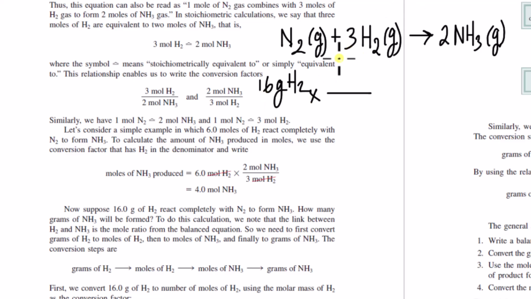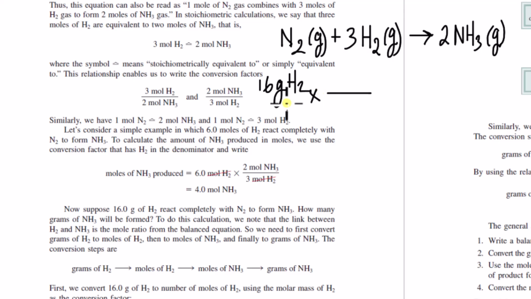Well, we cannot just say something like, for every 3 grams of H2 produced, 2 grams of NH3 are produced. Or for every 3 grams of H2 consumed, 2 grams of NH3 are produced. No, that's not the stoichiometric equivalency. It's in terms of moles.